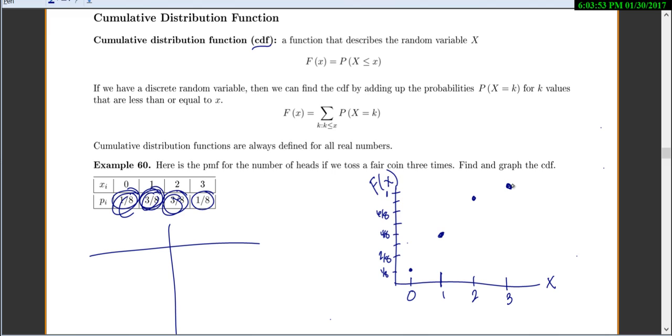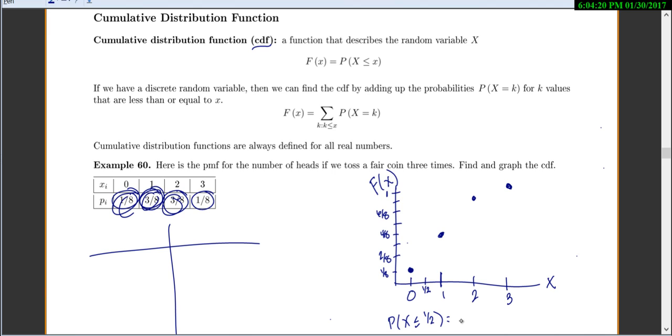But instead of defining for all real numbers, the way you actually do this is you say, okay, from 0 to 1, at 0, I have a 1/8 probability of getting that. But what is the probability, let's say we had a 1/2 in here. What's the probability of, say, getting x less than or equal to 1/2?